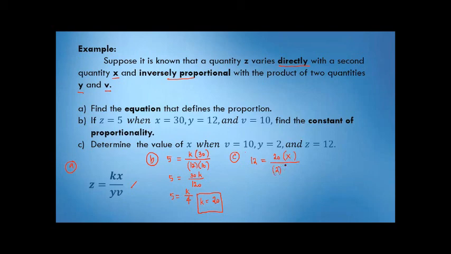We also have V, which is 10. So that is 12 is equals to 20X divided by 20. Now, simplify natin. 20 divided by 20 is just 1. So magiging 12 is equals to X. So this is the answer for the value of X when V is equals to 10, Y is equals to 2, and Z is equal to 12.